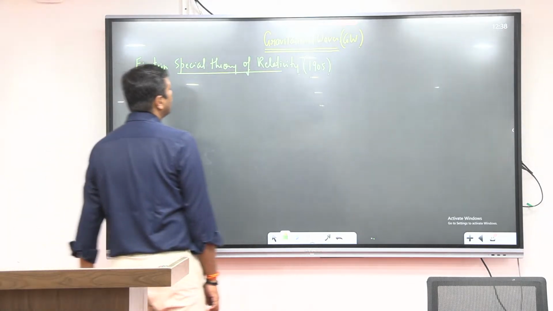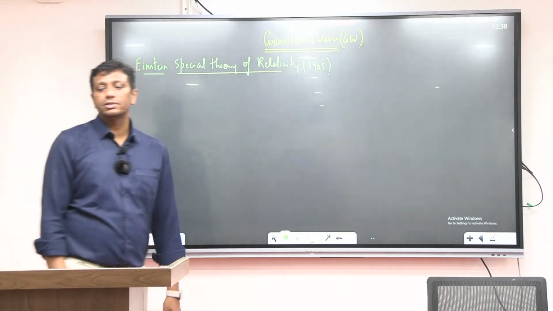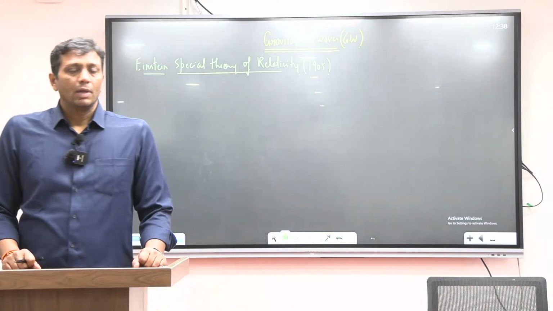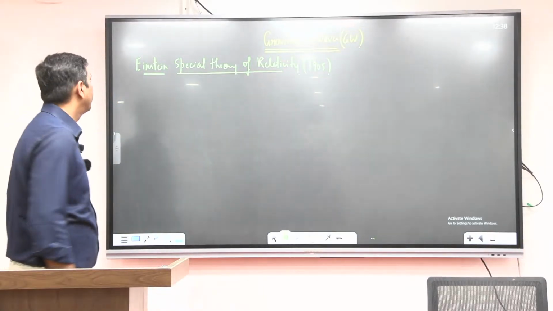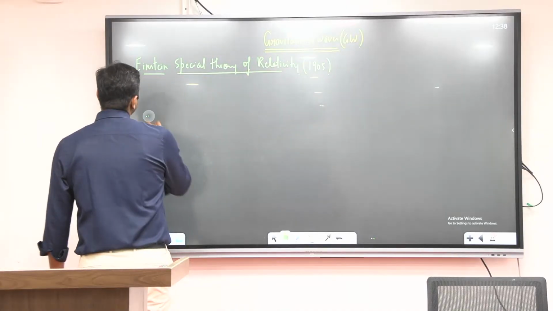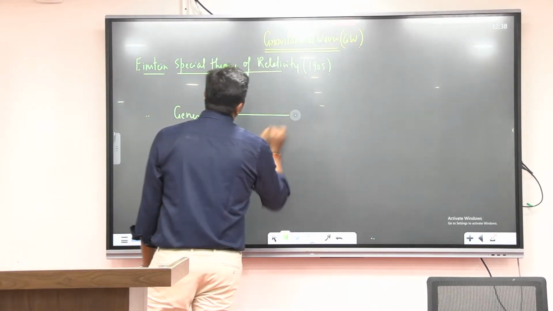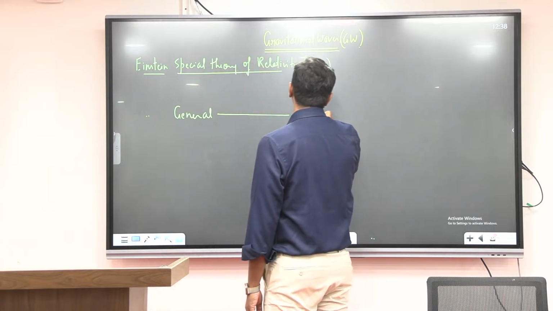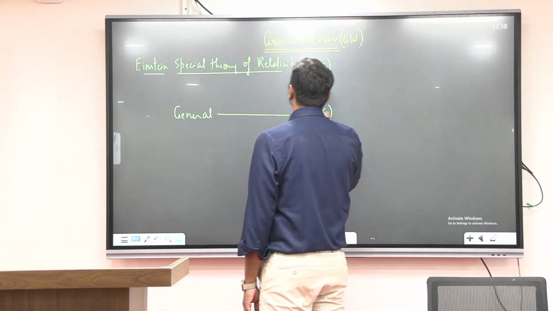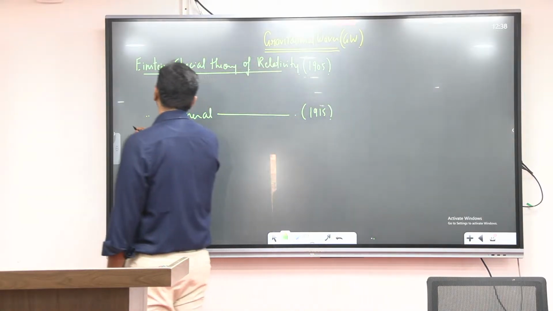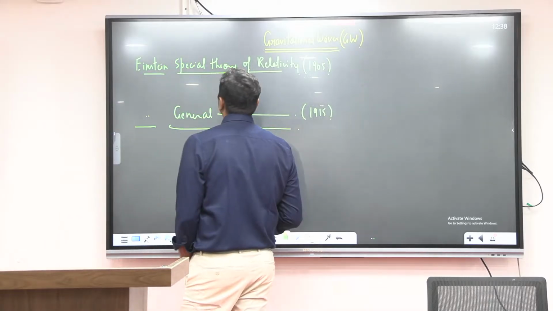But Einstein has made a certain mistake in this theory. Another theory published, Einstein's general theory of relativity, was published in 1915.